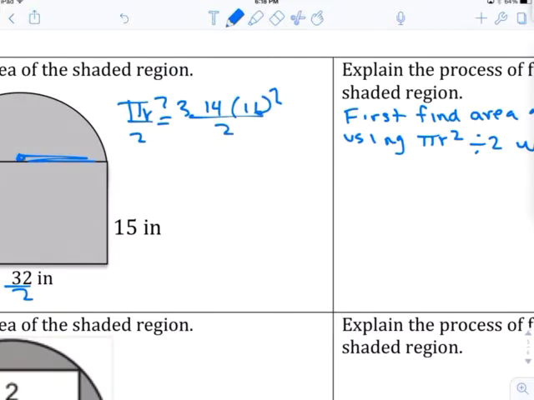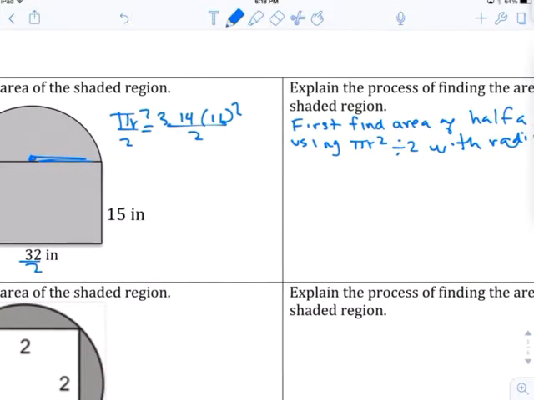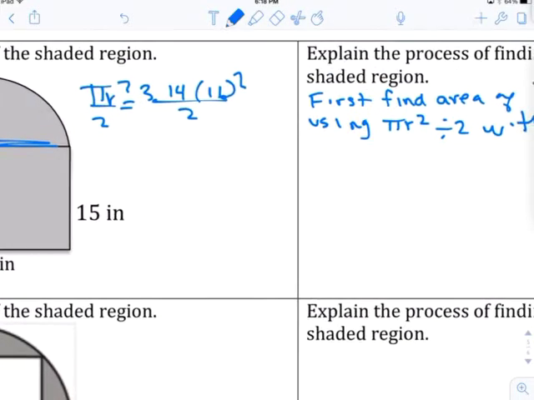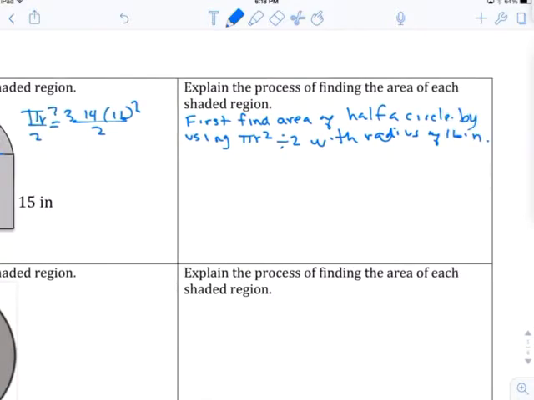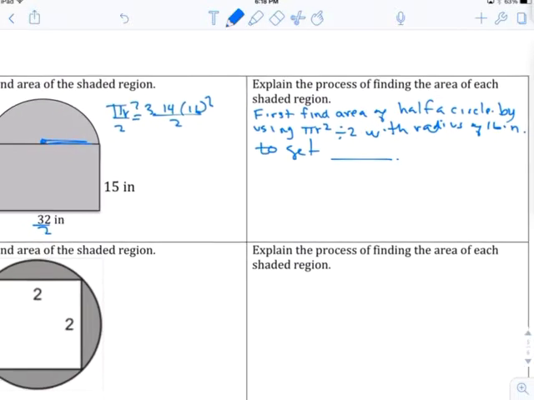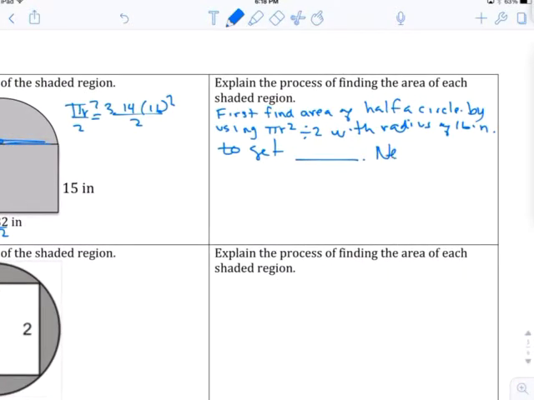So if you have a calculator, do that. Get your answer, whatever your answer is. Next, find the area of the rectangle.